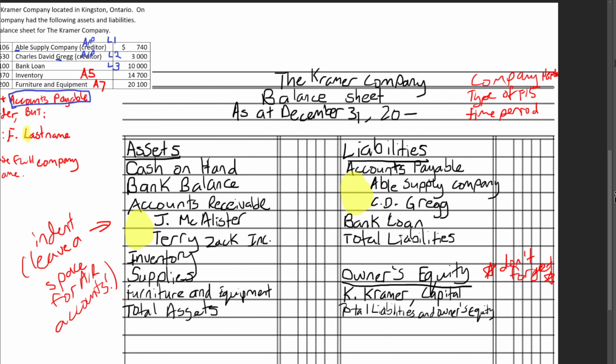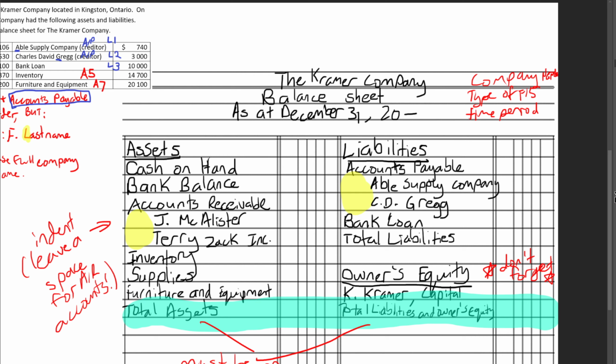And if you would like to make a note, these guys must be on the same line. So I highlighted it all the way across because it must be on the same line.